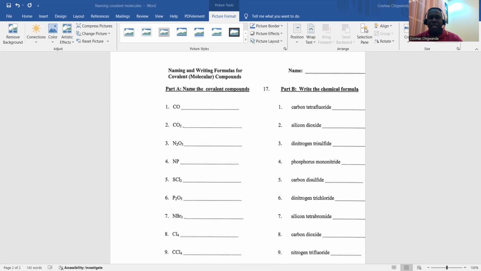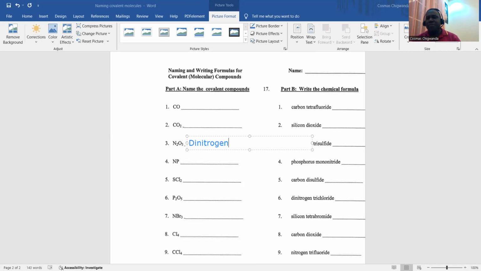Number 3 is N2O3. I look at their position on the periodic table. Nitrogen is furthest to the left. It's not going to change, but I have 2 of them. So it's going to start with di, and then nitrogen, so it's going to be dinitrogen.